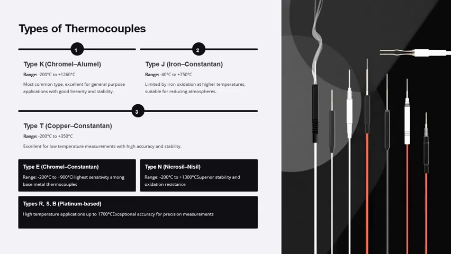Type K operates from minus 200 degrees Celsius to 1260 degrees Celsius, and type J operates from minus 40 degrees Celsius to 750 degrees Celsius, and the copper based thermocouple operates from minus 200 to plus 350 degrees Celsius. And then type E, type N, and types R and S and B, which are costly if you operate at high temperatures of more than 1700 degrees Celsius.